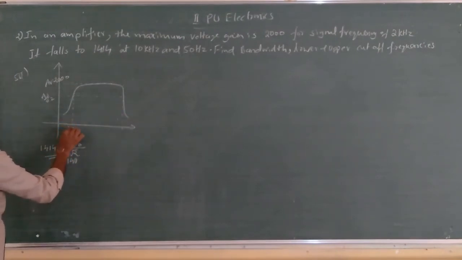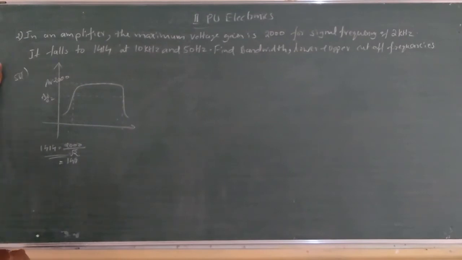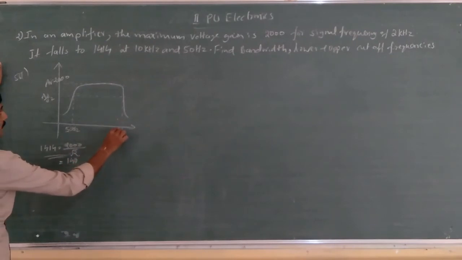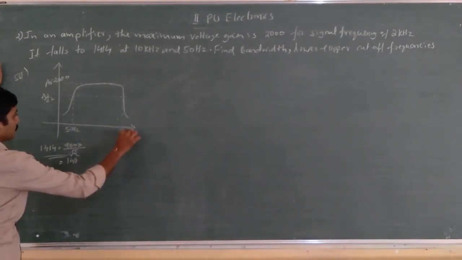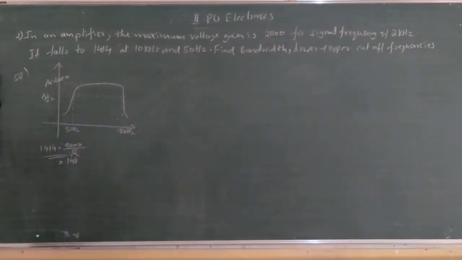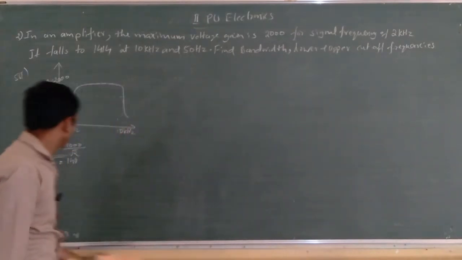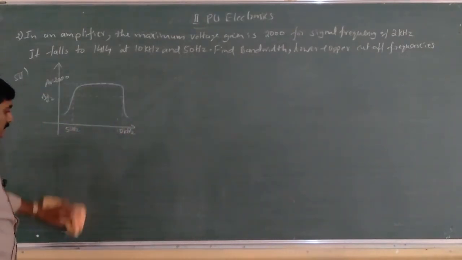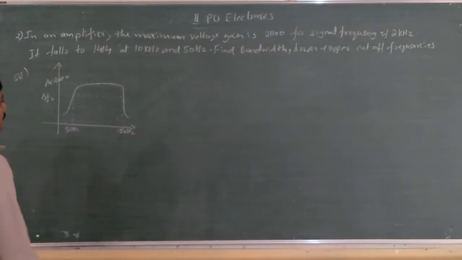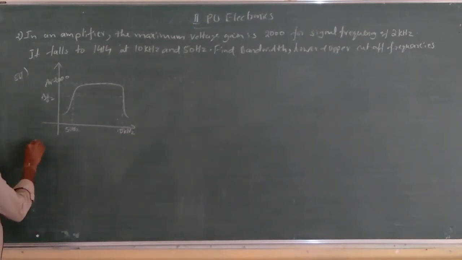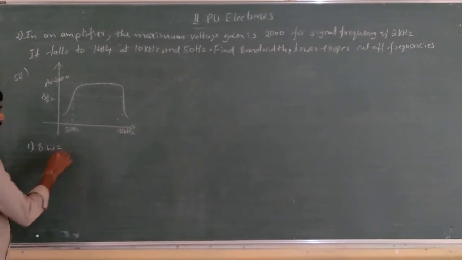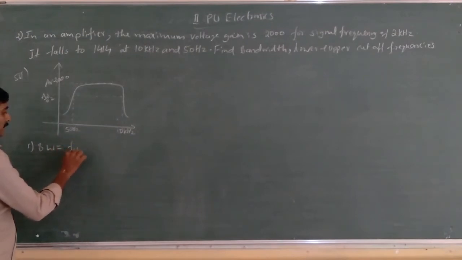See, which one do you have to write first, 10 kilohertz or 50 hertz? At the lower side is 50 hertz, and at the upper side you have to write 10 kilohertz. Find the bandwidth, that is the question. The bandwidth is FH minus FL.